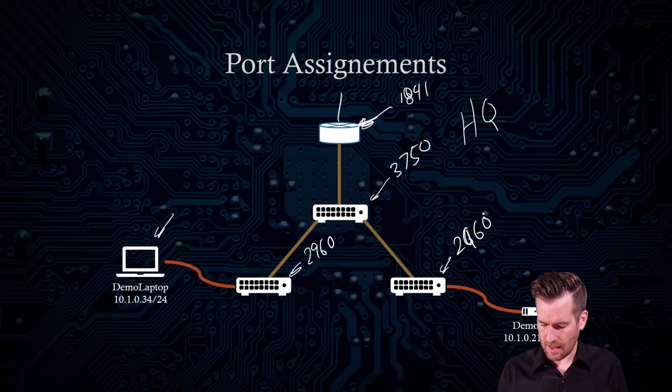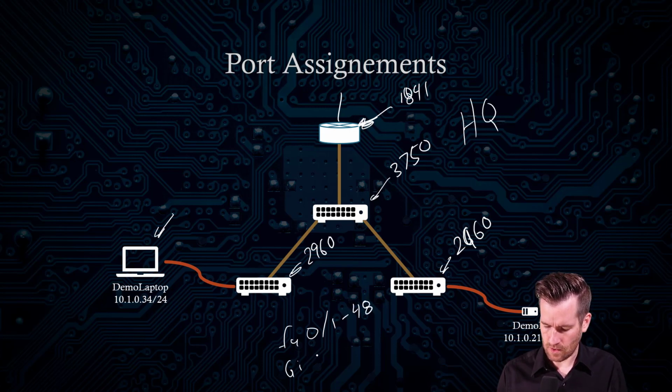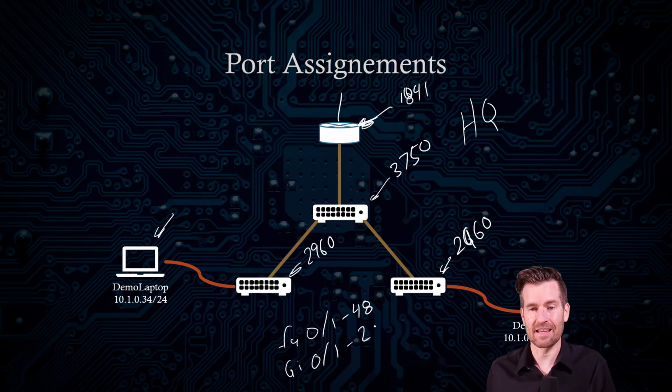All of these switches have Fast Ethernet ports on them, and those Fast Ethernet ports run anywhere from 0/1 through 48. They also have Gigabit Ethernet interfaces, 0/1 through 2. So these are the faster connections right here.